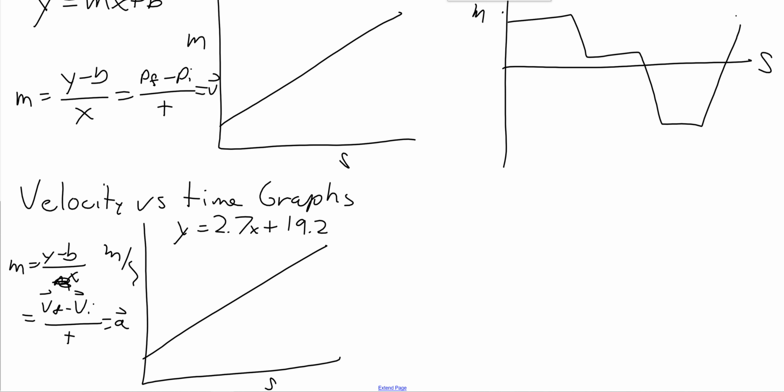For this one, that would be a rectangle and a triangle. I would know what x was, so I know the base of the rectangle, and I know what b is, so I know the height of the rectangle. That would be just base times height. I would have to calculate what y is at this x to get the height of my triangle: y minus b, multiplied by the base, divided by 2.